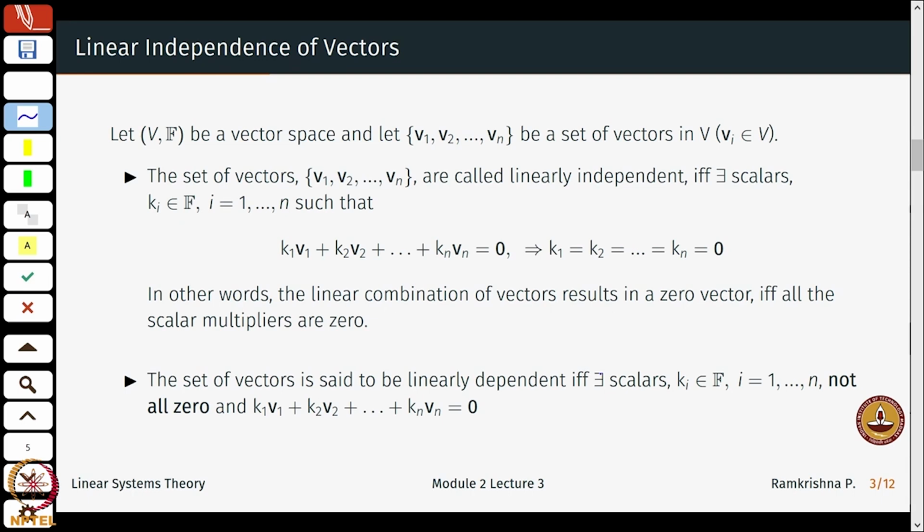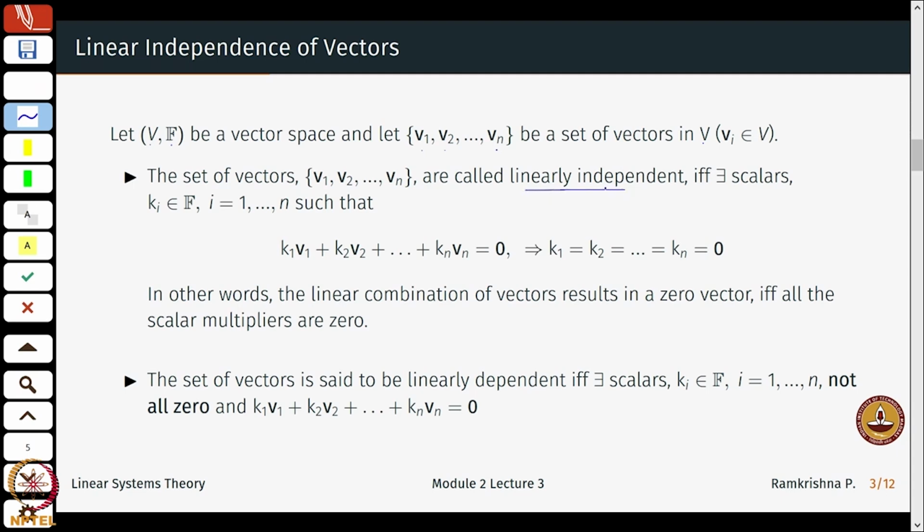Right? So I'm writing down linear combinations of vectors and so on. So let's start again with vector space V defined over a field F. Let me randomly choose n vectors V1 to Vn from this vector space V. So this set of vectors is called linearly independent.